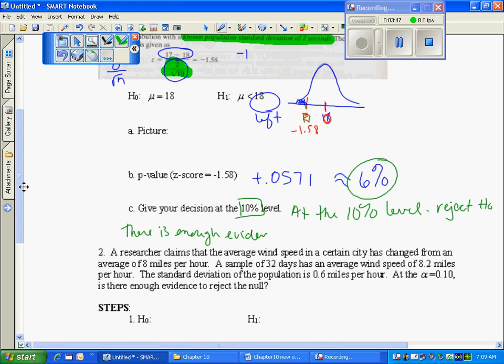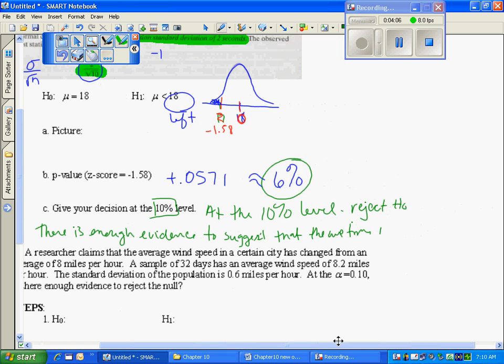My data is significant enough to suggest, we're not proving, we're just suggesting that the average time to complete the maze is less than 18 seconds.